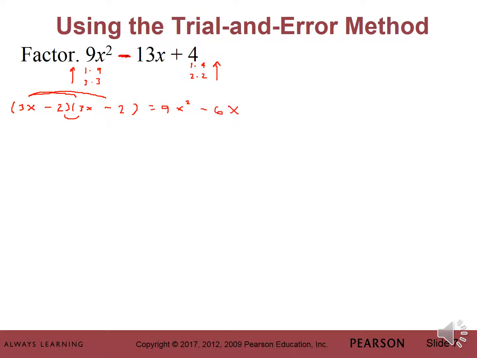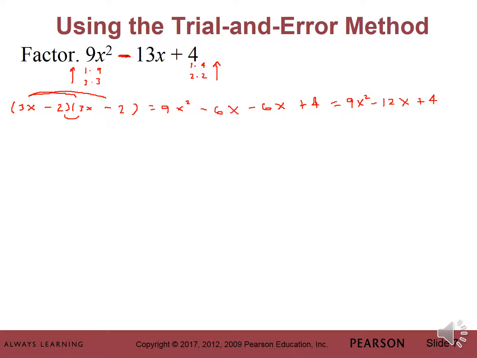That's close to 13x, but it's actually just minus 12x, which isn't quite the right thing. And then plus 4. Which is, again, 9x squared minus 12x plus 4. That's not the right thing. We need a minus 13x.